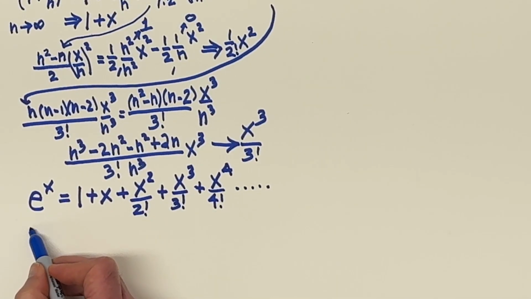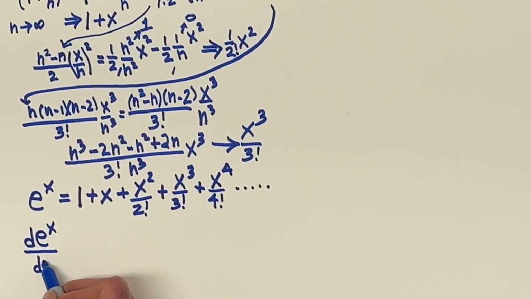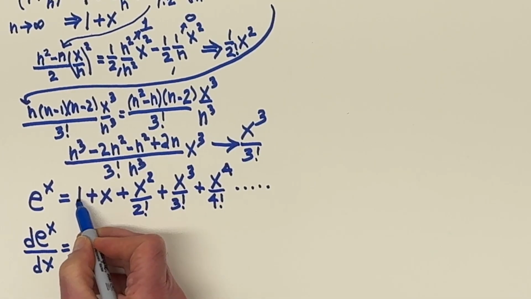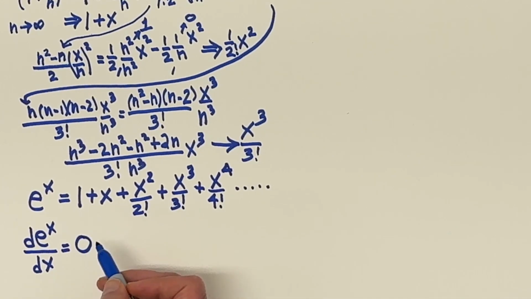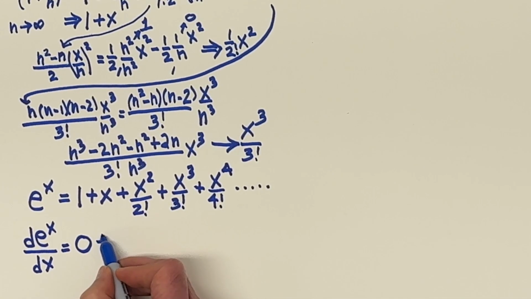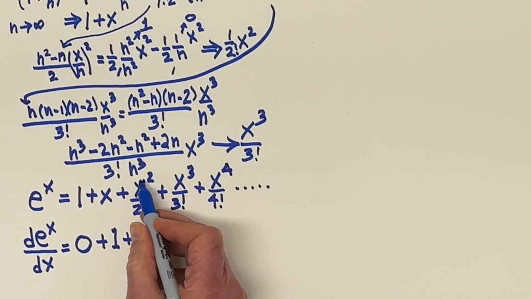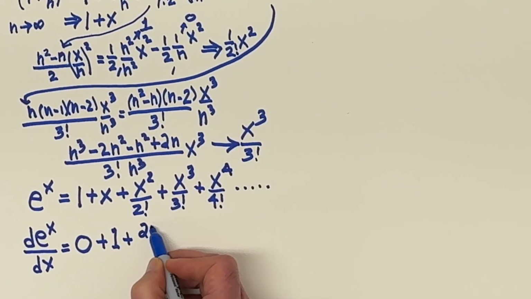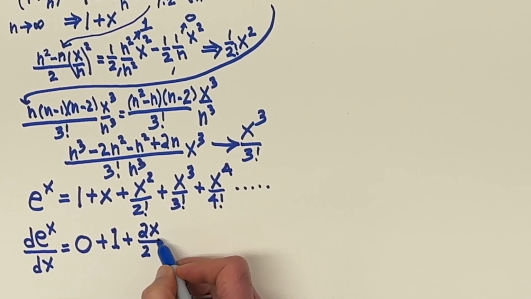Now, if I take the derivative term by term with respect to x, the derivative of 1, that's a constant, is going to be 0. And then the derivative of x is going to be 1. Over here, when I take the derivative, I'll pull the 2 down, and I'll have x to the first power over 2 factorial, which is 2.